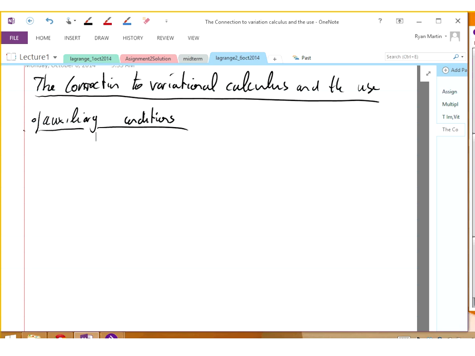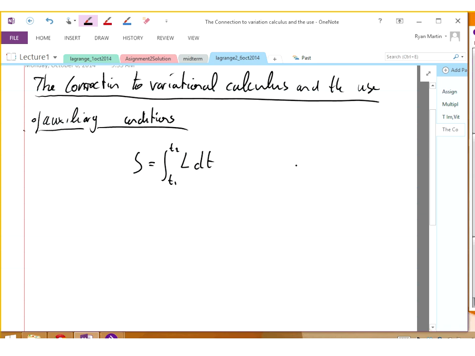We've also noticed that the Lagrange equation of motion looks an awful lot like the Euler-Lagrange equation that you get from variational calculus. If you recall, let's say we have an integral that we call S, the action, from t1 to t2, a definite integral of some function L integrated over dt.